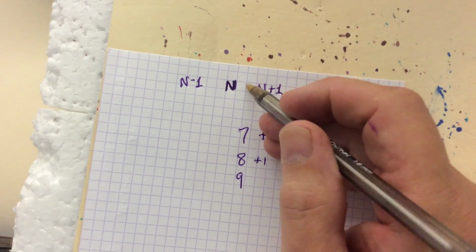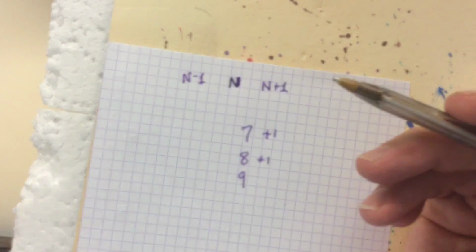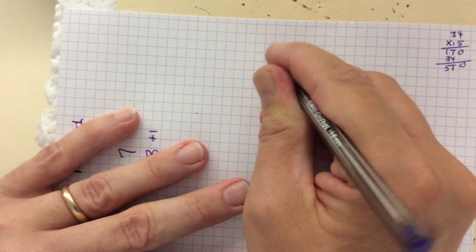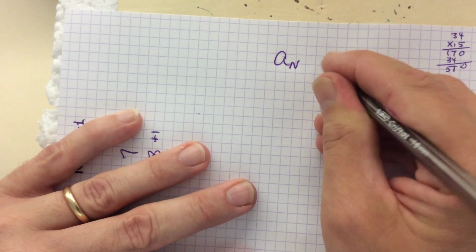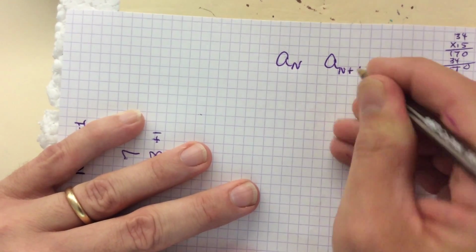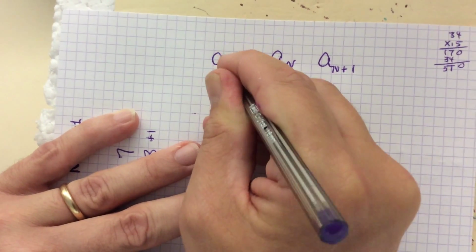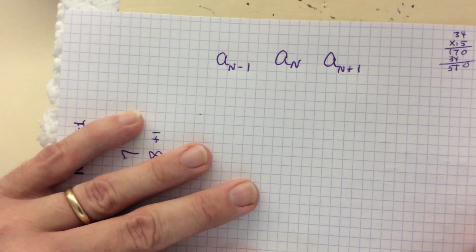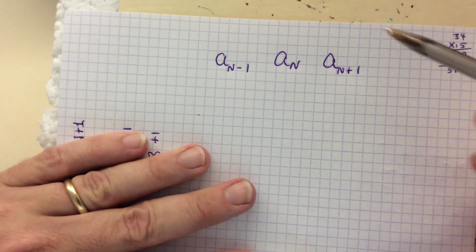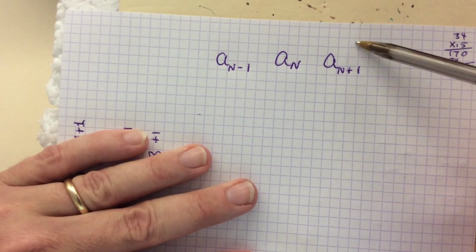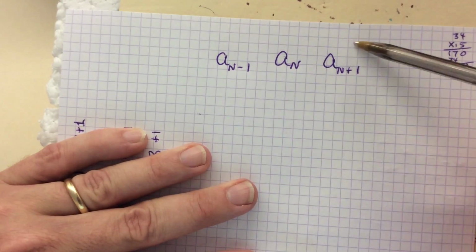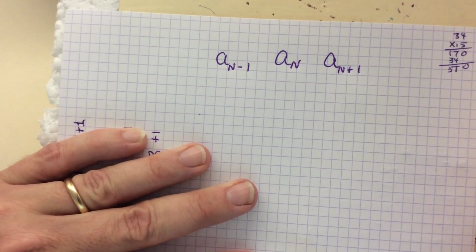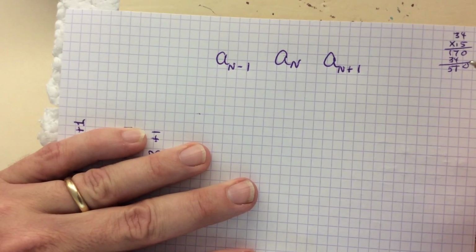Right? n minus 1. If I call this a_n, and I call this a_(n+1), and I call this a_(n-1), all I'm telling you is that these are the numbers in sequence. This one's first, second, third. These are 3 numbers in a sequence that come right after each other.